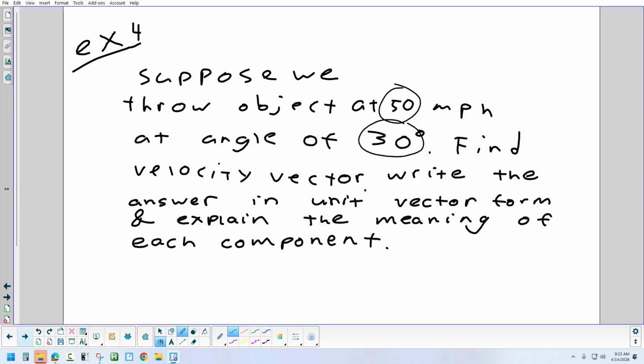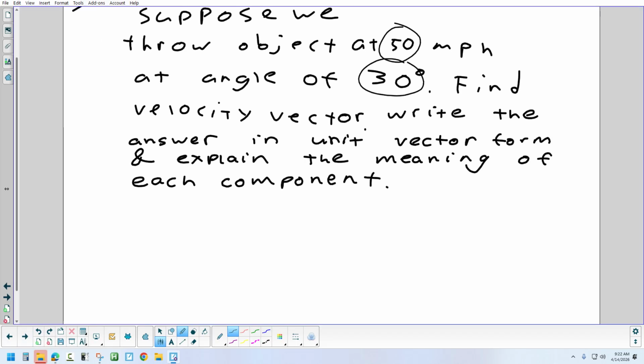Right. So let's start with our components. What's going to be the formula for my number that's going to go in front of i? Magnitude v cosine theta.